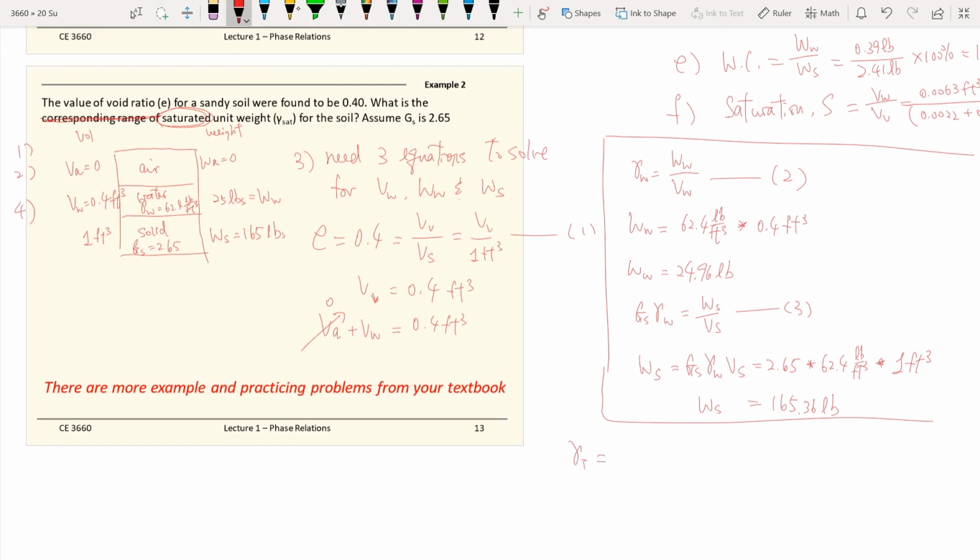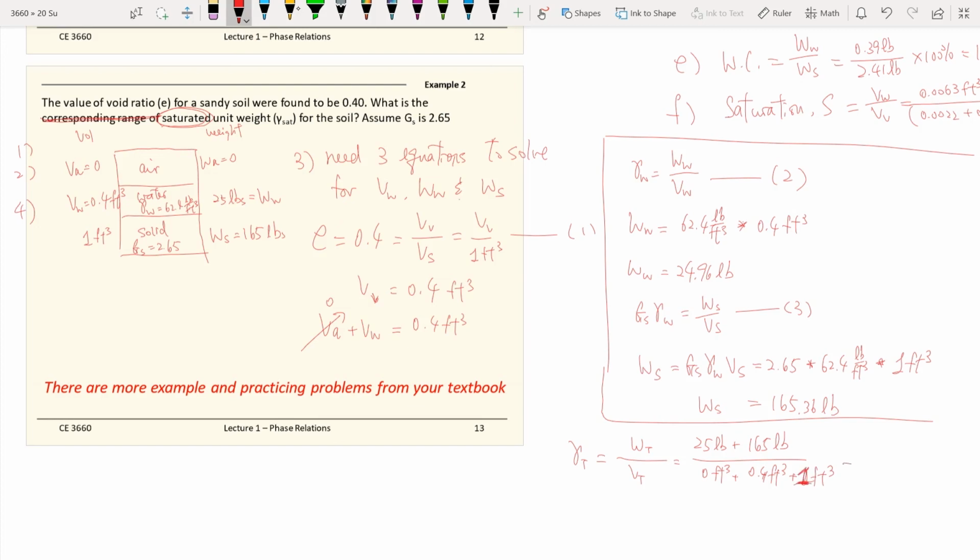The total unit weight will be equal to the total weight divided by the total volume. So that is 25 pounds plus 165 pounds, divided by the total volume, which is 0 cubic feet from the air, plus the volume of water, and also the volume of solid, which is 1.